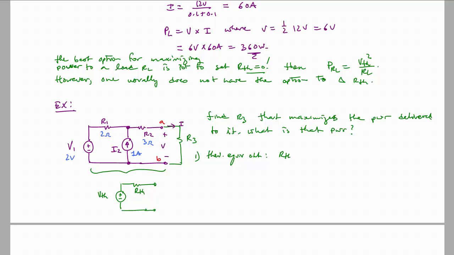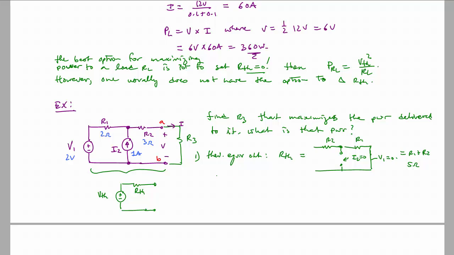We're going to find that our R Thevenin is just simply going to be equal to, if I turn off my sources, remember, turn off the sources, so I'll have R2 and R1 in series, this is V1 equal to 0, remember short, and this here is I2 equal to 0. So I've turned both the sources off. So our R Thevenin is just R1 plus R2, which in this case is 5 ohms.